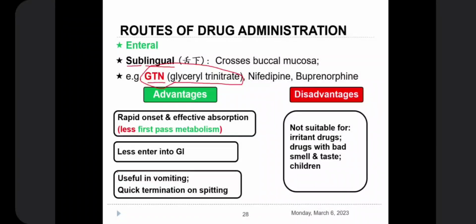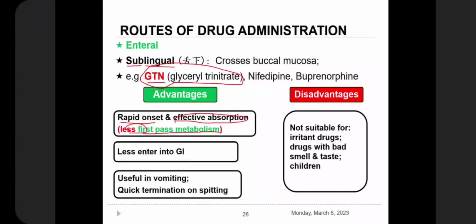But when we use GTN sublingually, most of it is not destroyed and enters the circulation to do its action. The main advantage of sublingual is here: very rapid onset and effective absorption, because it bypasses first pass metabolism.